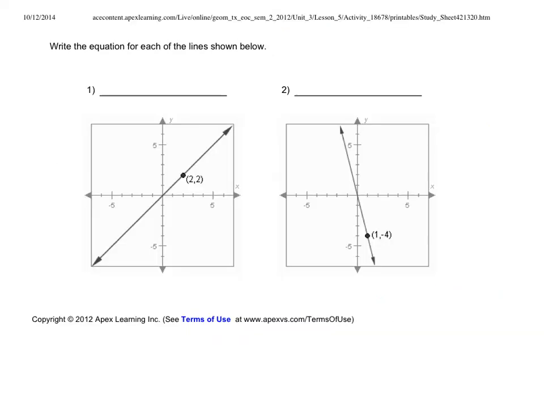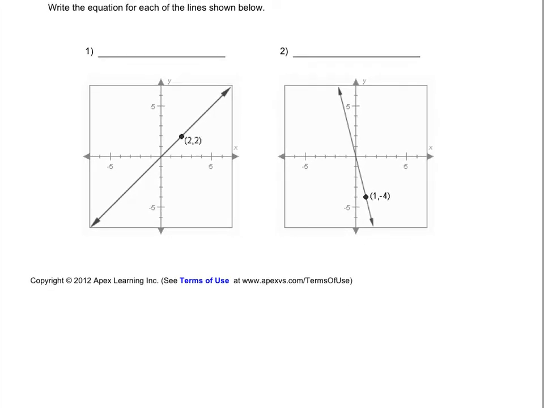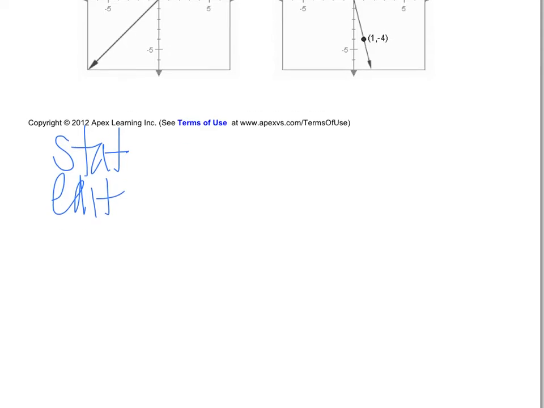So it asked me to write the equation for each of these lines shown below. Well, I would honestly use stat edit to do this. So what you do is you go to stat edit, and that's going to give you a table that says L1, L2, and probably L3. In L1, you're going to be putting your x's, and in L2, you're going to be putting your y's.